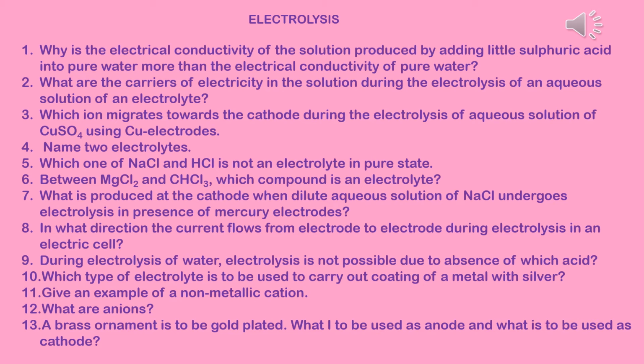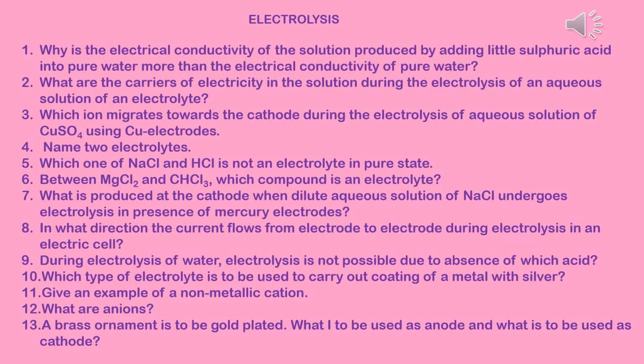Next question. What are the carriers of electricity in the solution during the electrolysis of an aqueous solution of an electrolyte? In case of strong electrolyte in solution, positively charged cations and negatively charged anions formed due to dissociation of the electrolyte are the carriers of electricity. Next question.